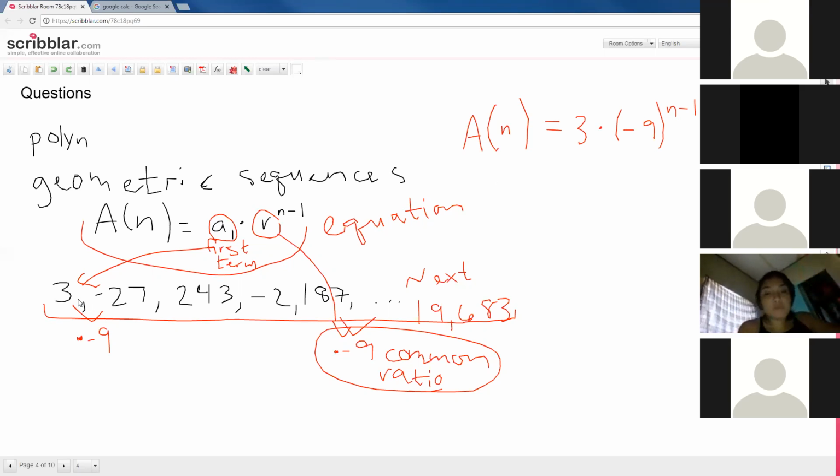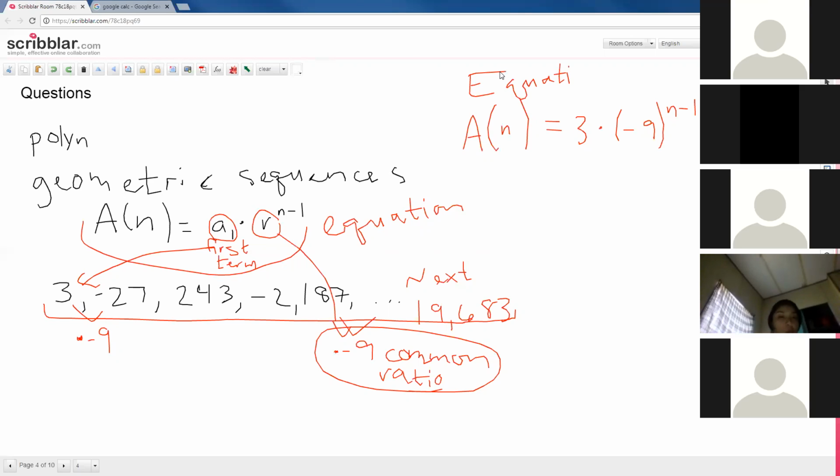So first number went first. Whatever number we multiplied by went in the spot with the R. And the n is whatever term you're looking for. If the question asks for what's the equation, then we're done.